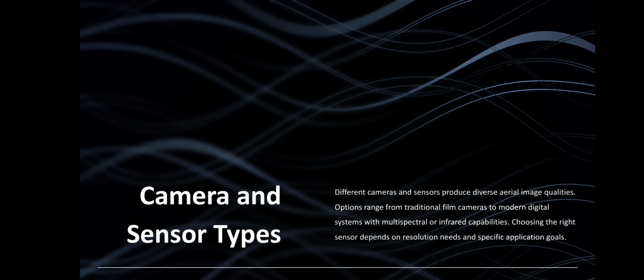If the resolution of the camera is high, we will get a very high quality photo, and vice versa. If the resolution is low, we will get a low quality photo. So resolution of the camera matters. For better resolution, we should select multispectral or infrared capability cameras.